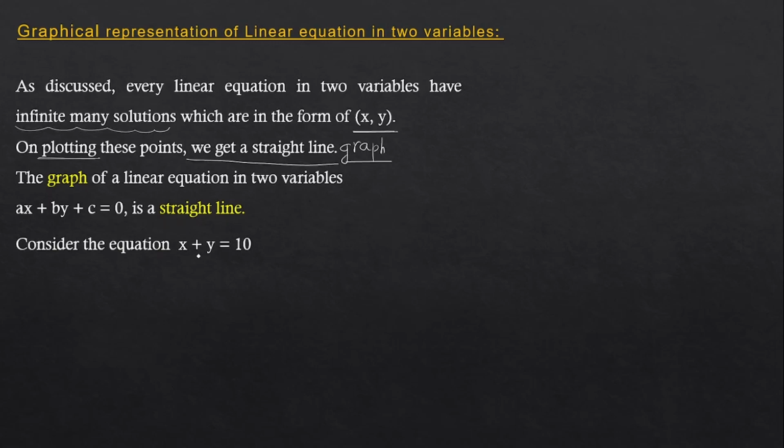Let us see the same equation we started with, x plus y minus 10 equal to 0. So, that becomes x plus y is equal to 10. These are some of the values which satisfy this equation. 2 plus 8 is equal to 10, 10 plus 0 is 10, 5 plus 5 is 10, 9 plus 1 is 10.